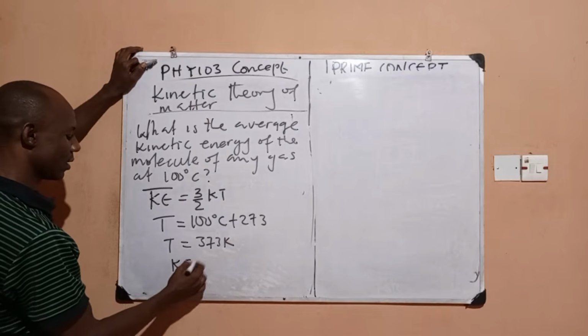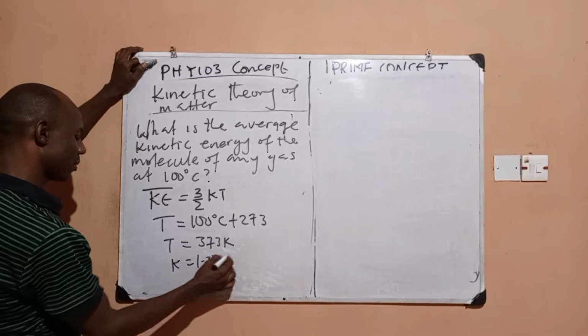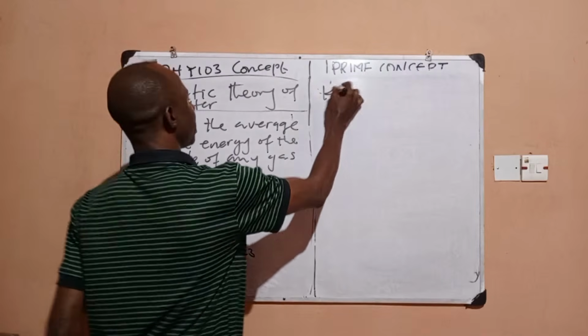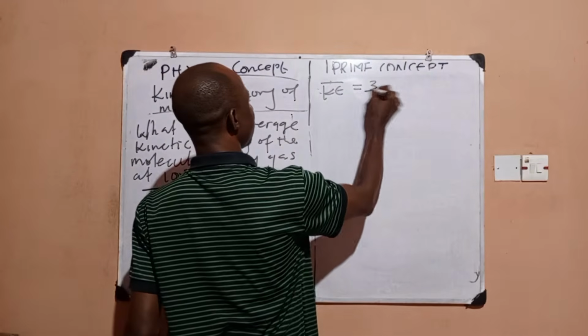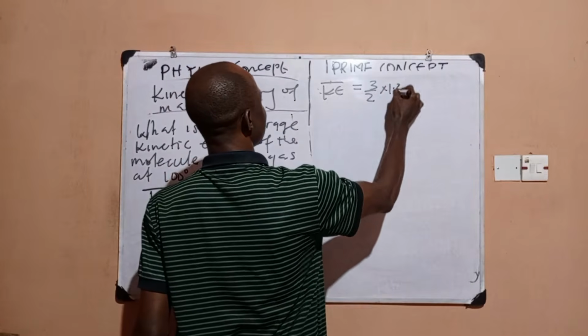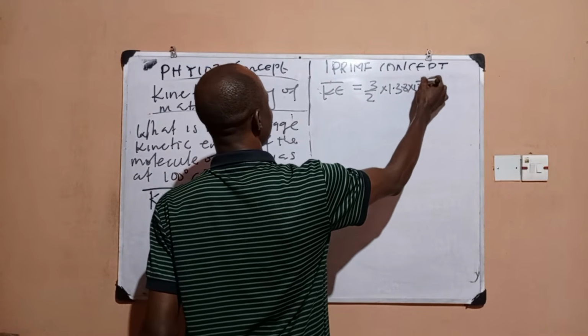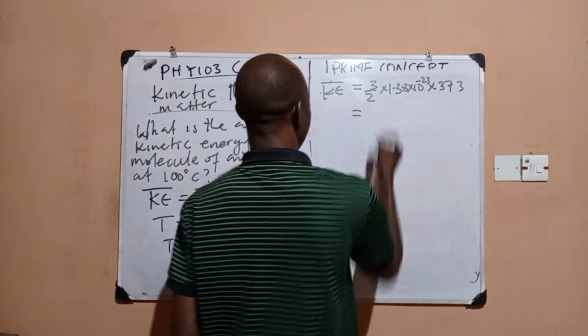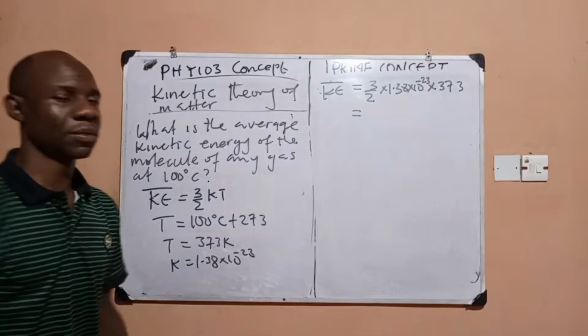Secondly, your k is 1.38 times 10 to the power minus 23. So your average kinetic energy is 3 over 2 times 1.38 times 10 to the power minus 23 times 373. And the answer, like you said, I think you said 7.71.